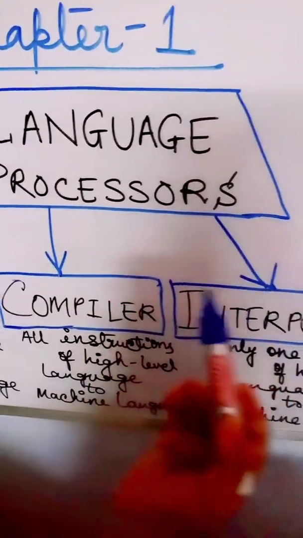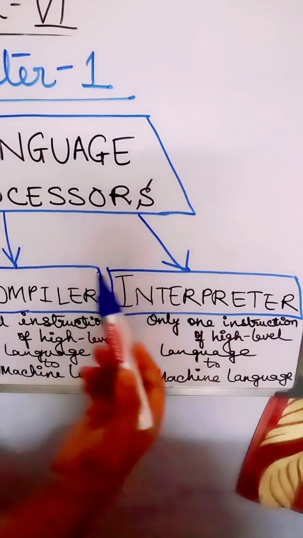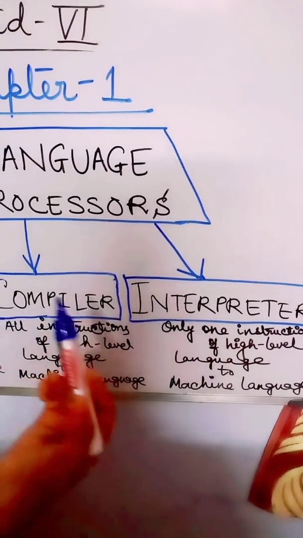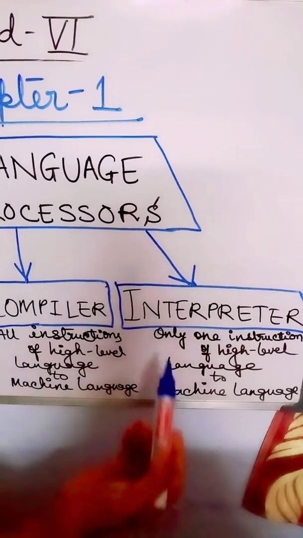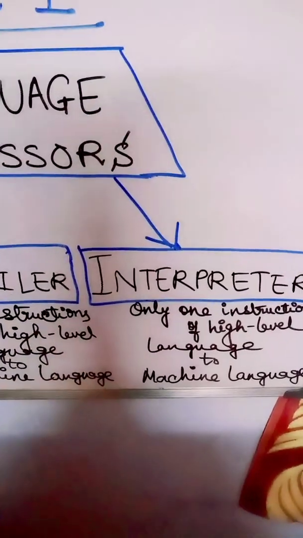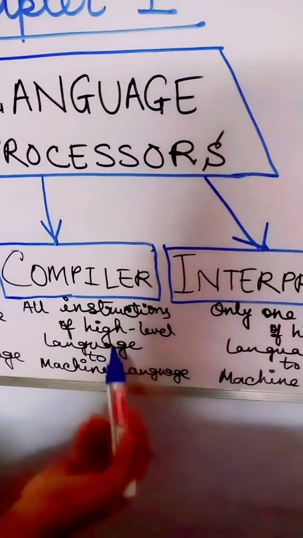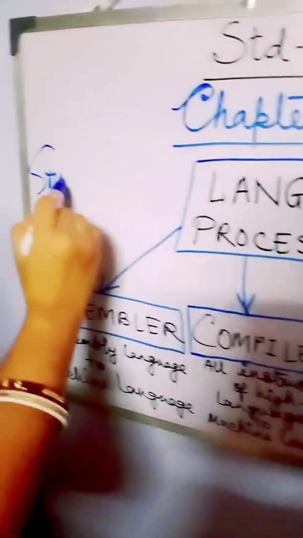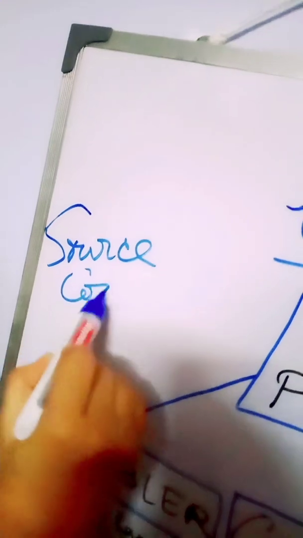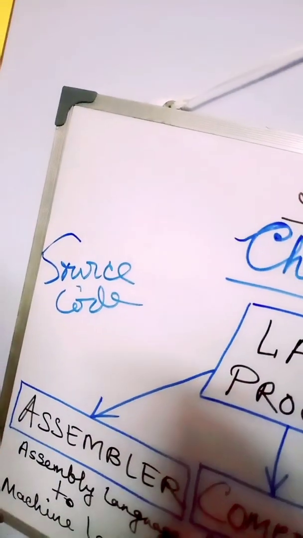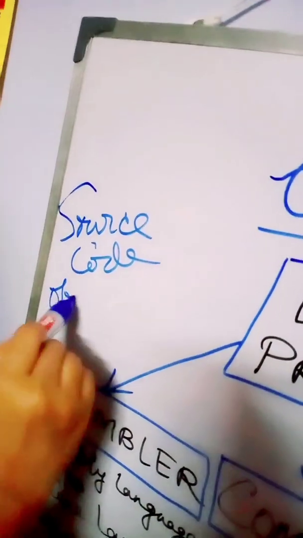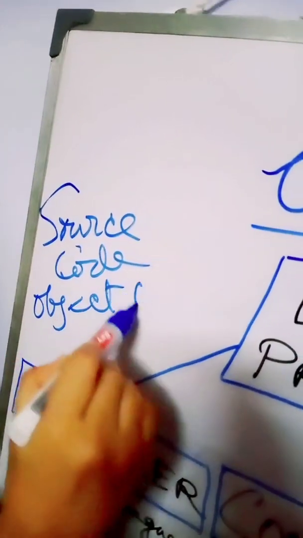Compilers and interpreters are programs that convert a program written in a high-level language into an equivalent program in low-level machine language. Programs written in high-level languages are known as the source code, and the program that is converted into machine language is known as the object code.